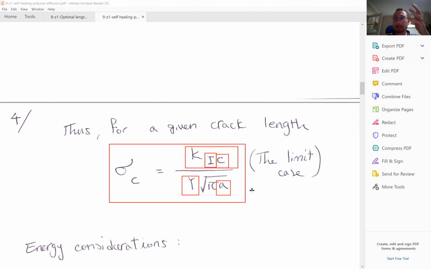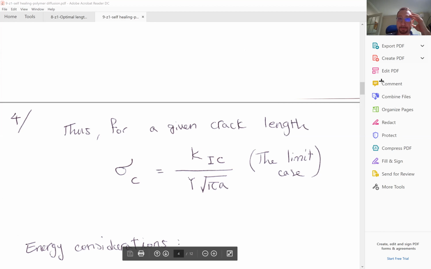Now, the concept of fracture can also be taken into consideration by looking at energy landscape of the material. In order to understand the energy considerations, I want to start with a very simple geometry.